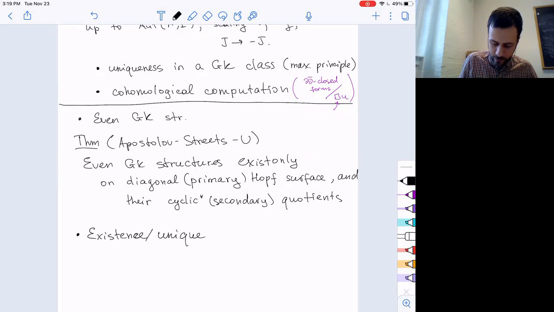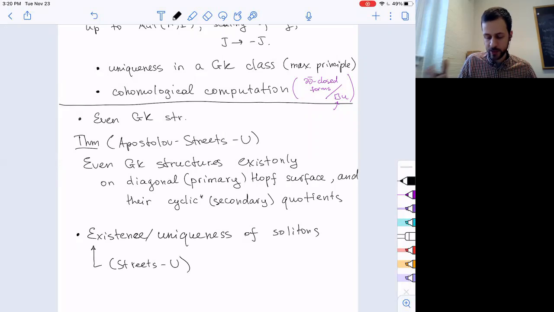Uniqueness of solitons. So existence was actually resolved in our paper with Jeff. We had an explicit construction of pluriclosed solitons.